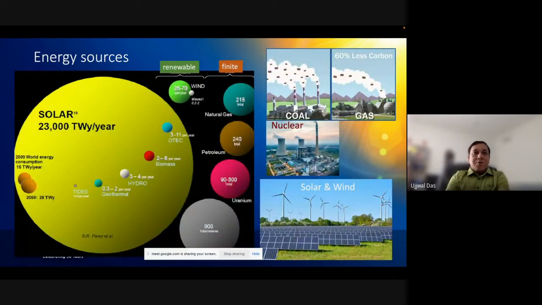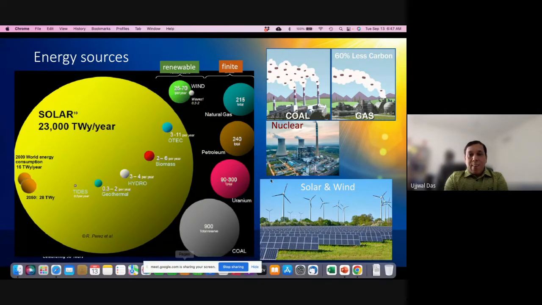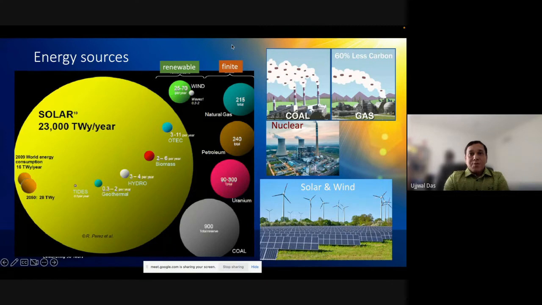So what are our options? First of all, if we look at the energy sources available to Earth, as I said before, that most of the time we generate our electricity from coal. And here I have shown the reserve or the sources amount of the source that's available to us.